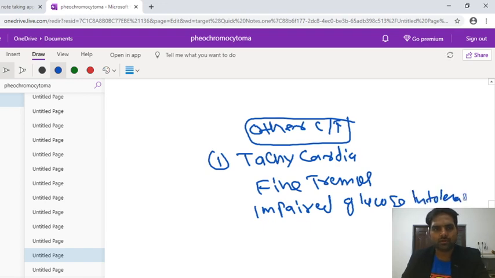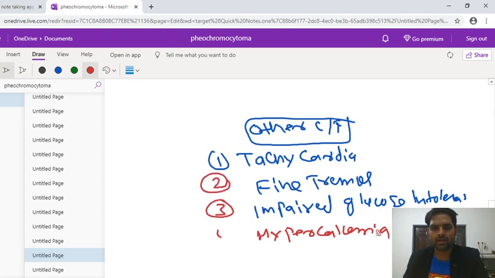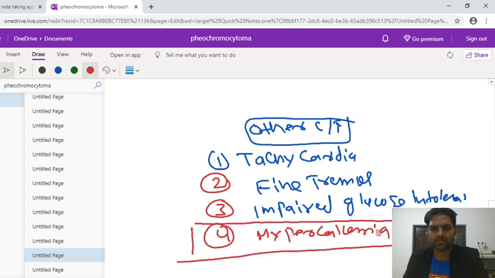And the patient will have hypercalcemia. Okay, so the electrolyte abnormality associated with the pheochromocytoma is hypercalcemia.